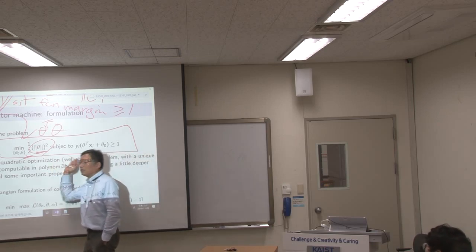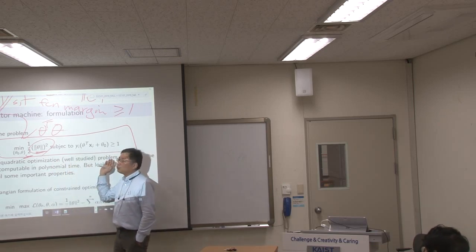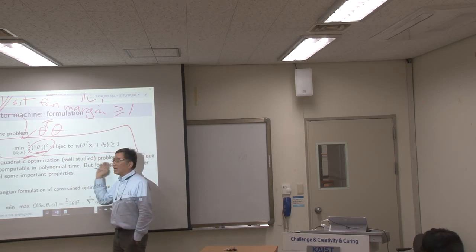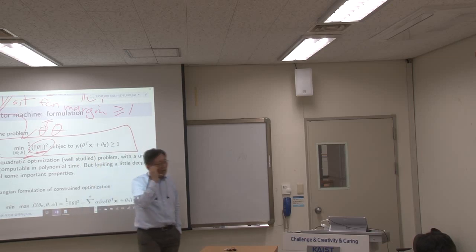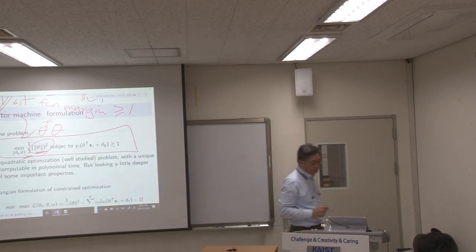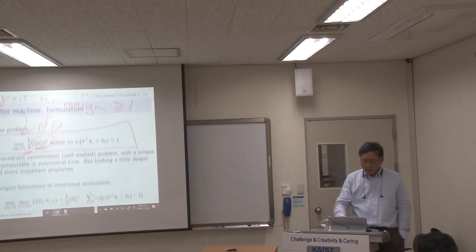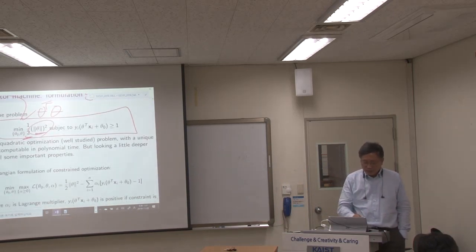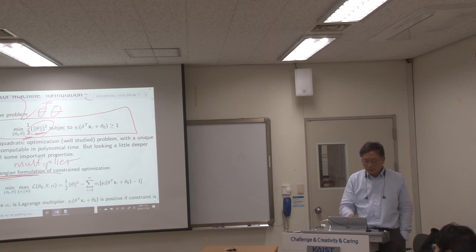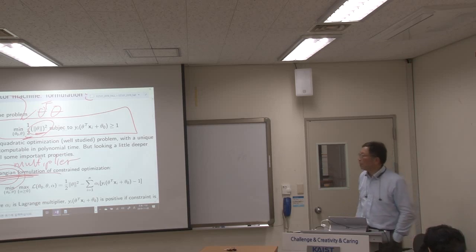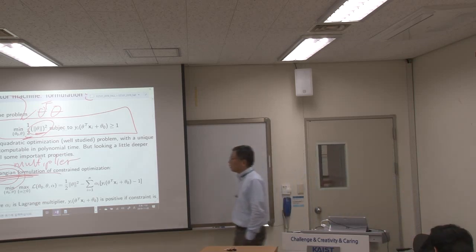Minimize the square, and then we had ridge regression, then lasso type of thing. How do we do this? So I'm going to teach you how to do this. Lagrangian multiplier. Using Lagrangian multiplier, you have to set up a Lagrangian. Okay? And we'll be talking about this.